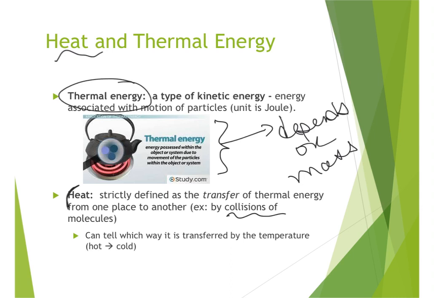If you have molecules or particles that are moving faster and faster, they're going to have more collisions, and in those collisions, they're going to transfer some of their kinetic energy to other particles. That's how heat gets transferred from a hot substance, which has high kinetic energy, to a colder substance, which has lower kinetic energy. It's through the collisions of the particles.